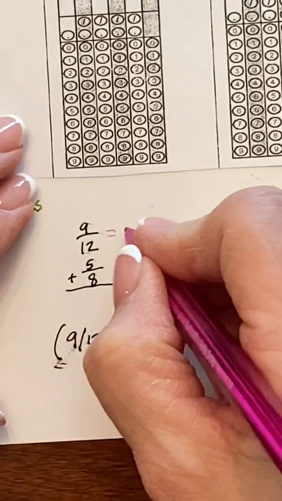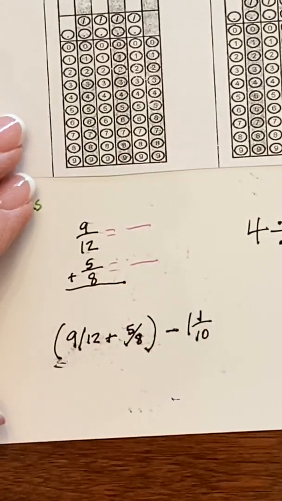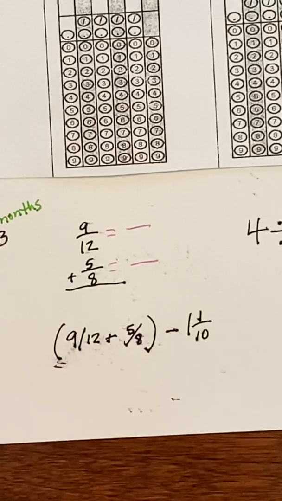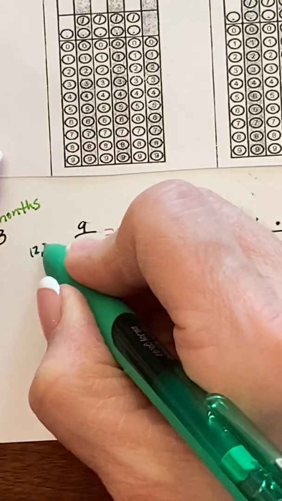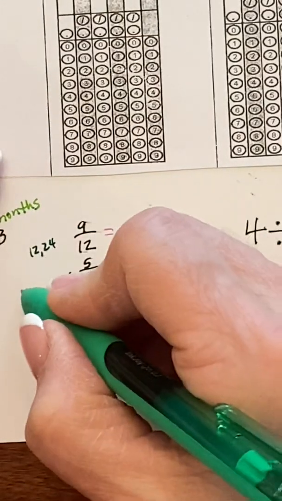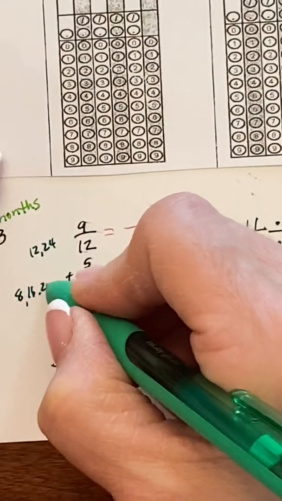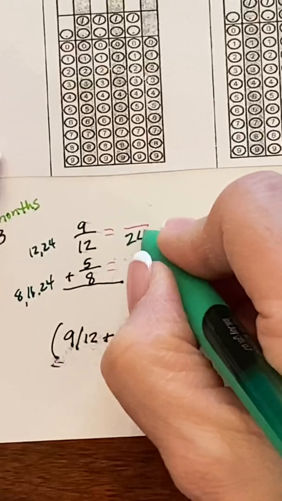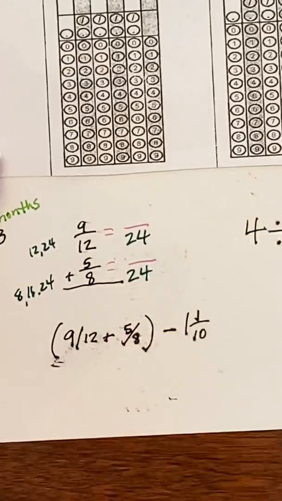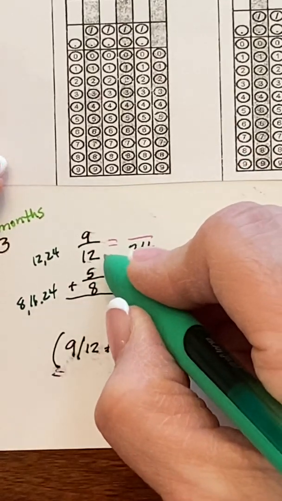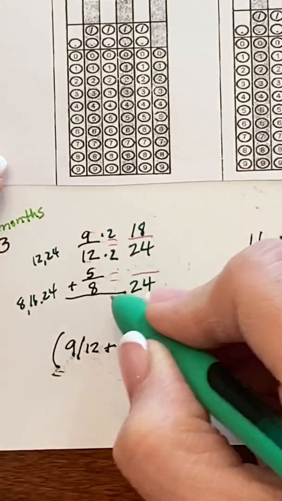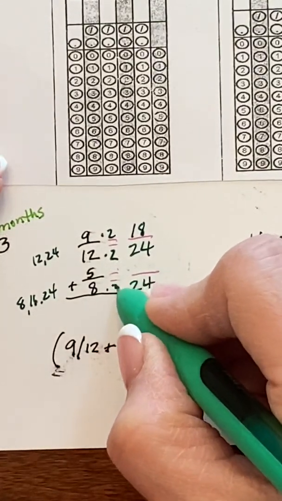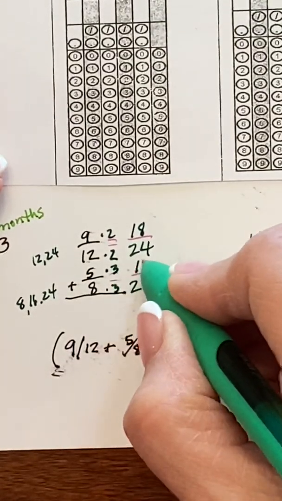So when you add or subtract fractions, you must always have like denominators. Always. So if I count by 12s, 12, 24. If I can't count by 12, 8, 8, 16, 24. And then we're going to change those to 24ths. 12 times 2 is 24. 9 times 2 is 18. 8 times 3 is 24. 5 times 3 is 15.